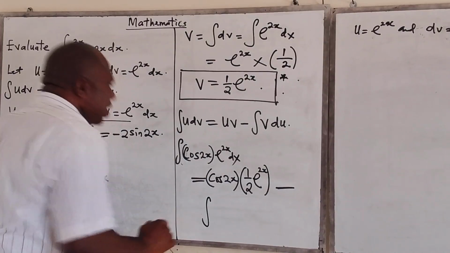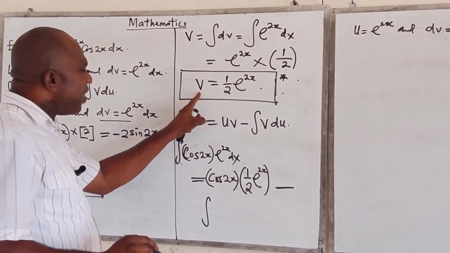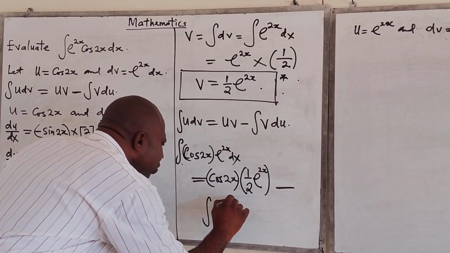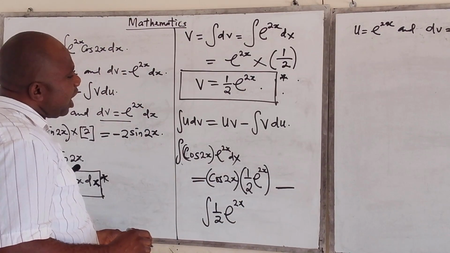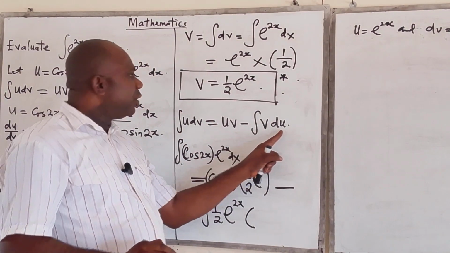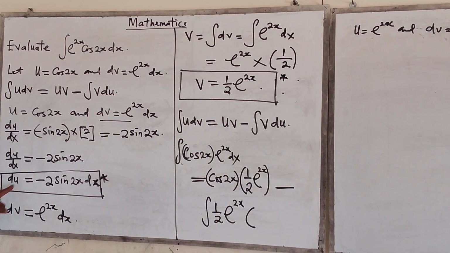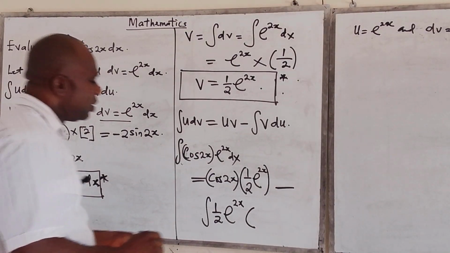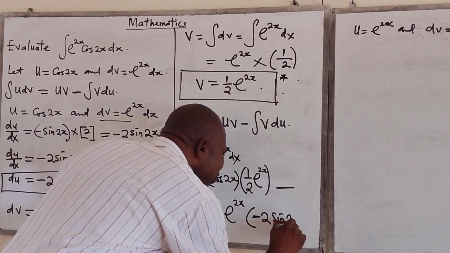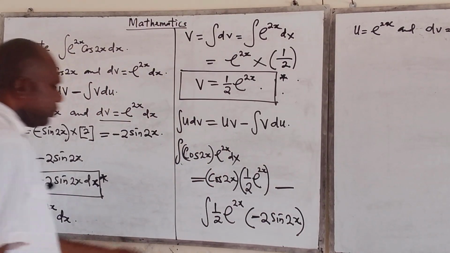Then we have integral. The value of v is half e raised to the power of 2x. Then here we have du. Now the value of our du is minus 2 sine 2x.